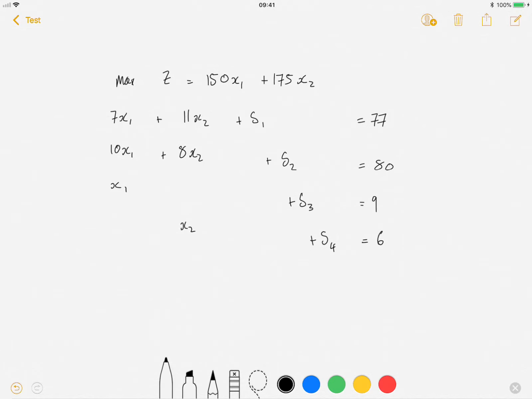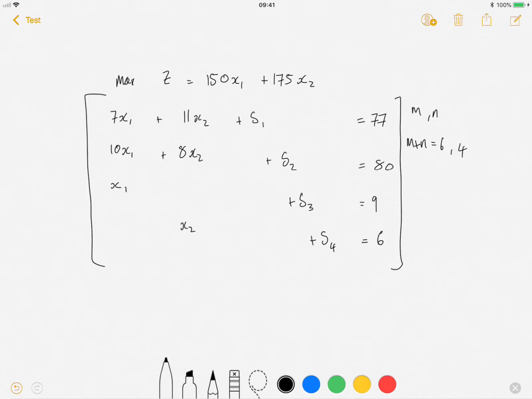I hope you can see that this should be quite familiar to you. Note that now we have m slack variables and n variables, so a total of m plus n, which equals 6 variables, but we only have 4 equations. This means that our system is now underdetermined.